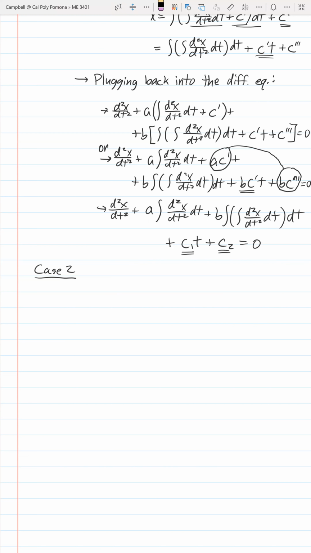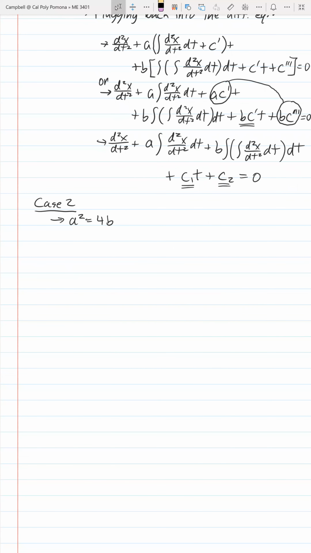We have two constants. So now let's look at case two, and I already kind of spoiled what case two is all about. This is where a squared is equal to 4b, so the discriminant is now 0.